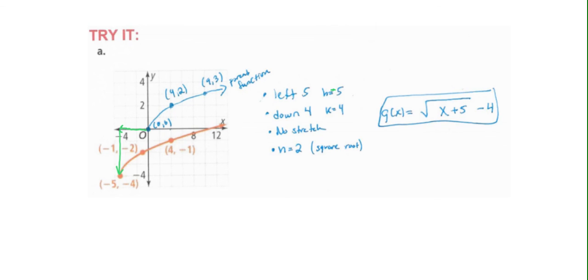And then we don't have a stretch here, so the only thing we'd plug in is our h and our k. Our h was -5, so instead of x minus h, it becomes x plus 5, and then we have -4 because it's down 4. So both of those should be negative for our h and our k. And that's it.